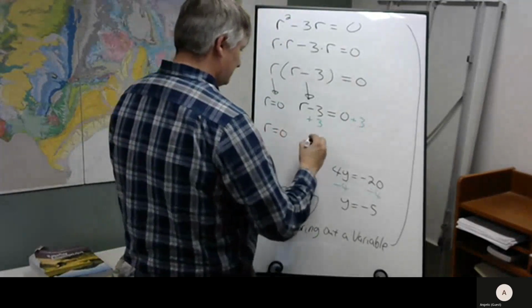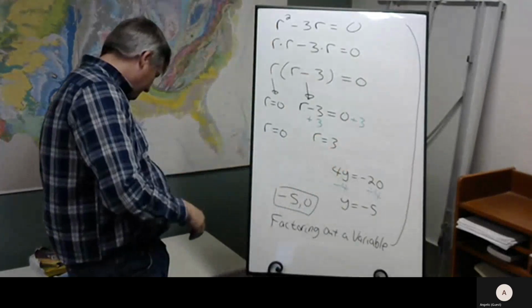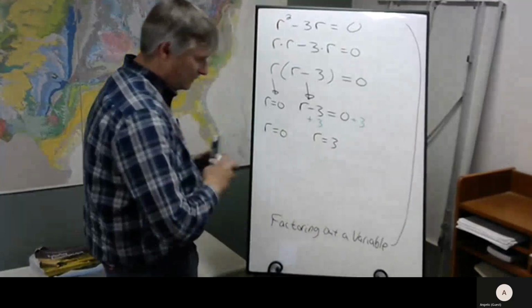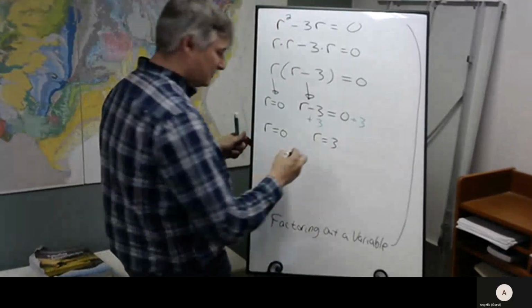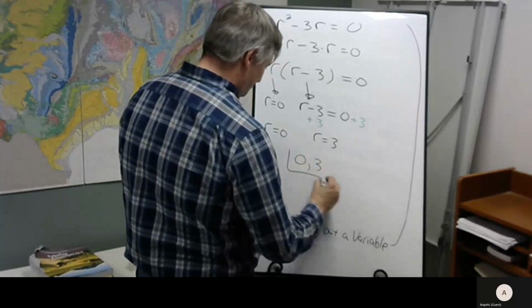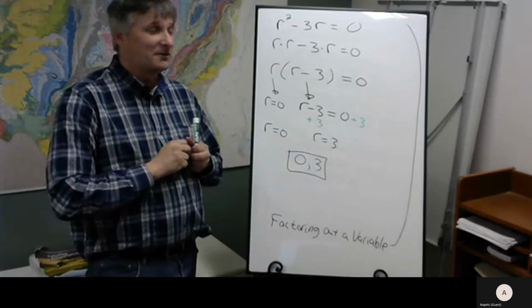R equals 0, r equals 3. So we get 0, comma 3. That's going to be our answer.